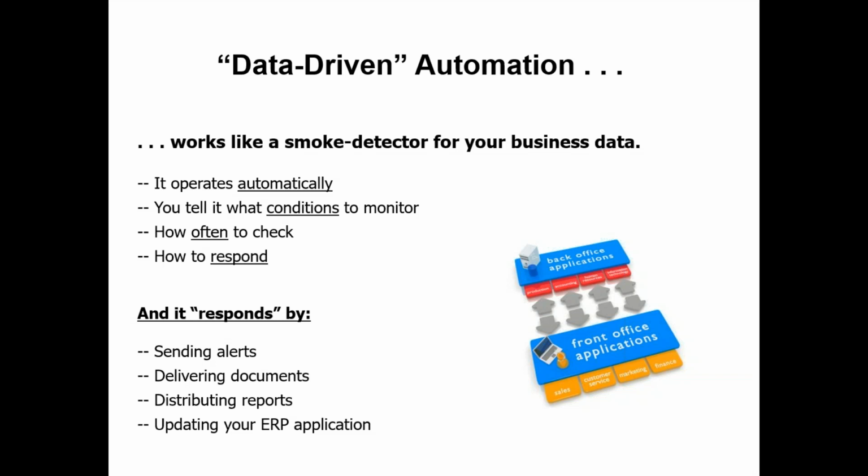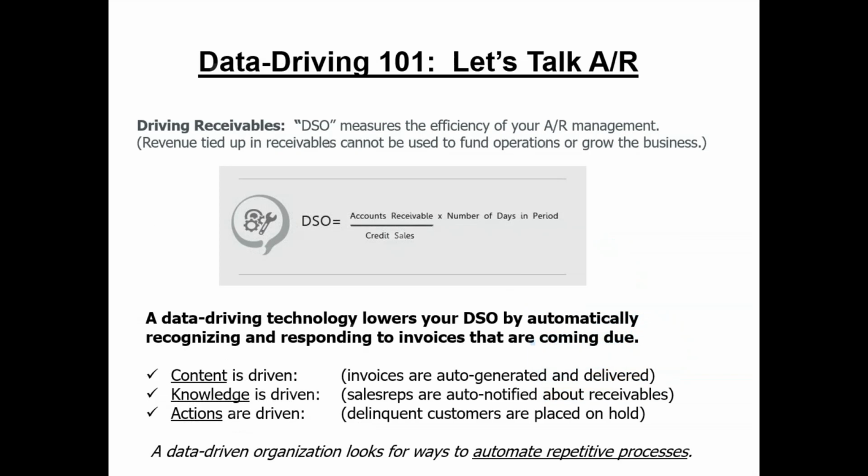We tell it what are those smoke signals that it should look for: low stock, overdue invoices, a client who's changed their buying habits. You tell it how often to check for those conditions and how to respond to those conditions if and when they occur. And then you quite literally turn this business smoke detector on and let it do its thing.